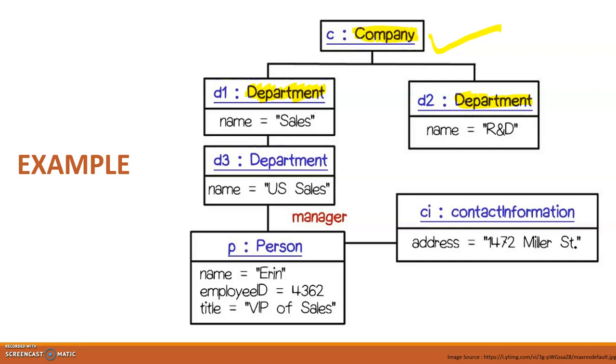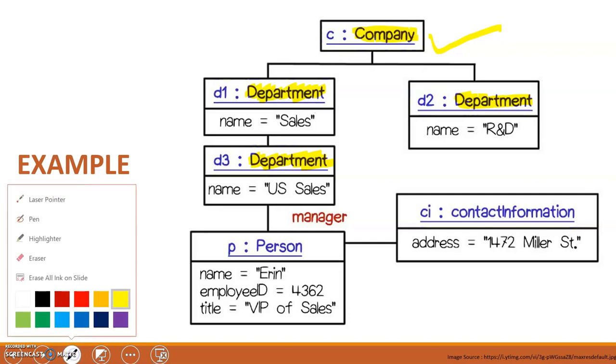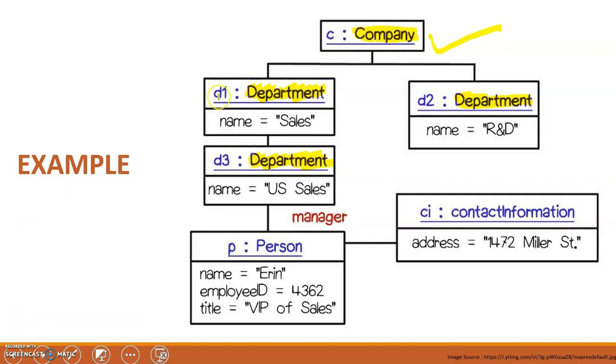So department is the child class. It may be possible to have multiple departments, right? So in a single company we may have multiple departments, and each department has different objects, right? So here we have created D1. D1 is the object. D1 is the first object of department.